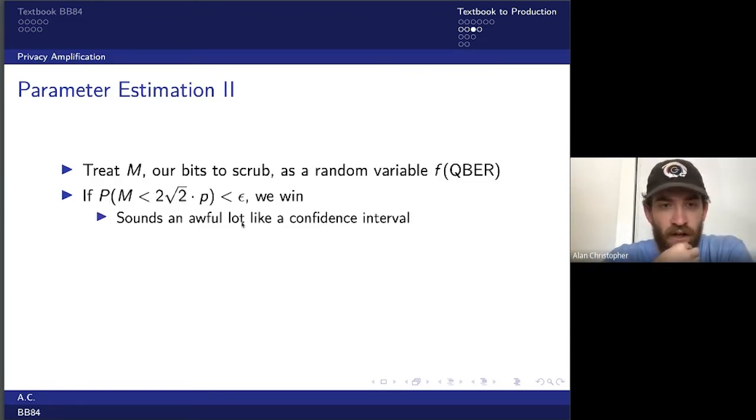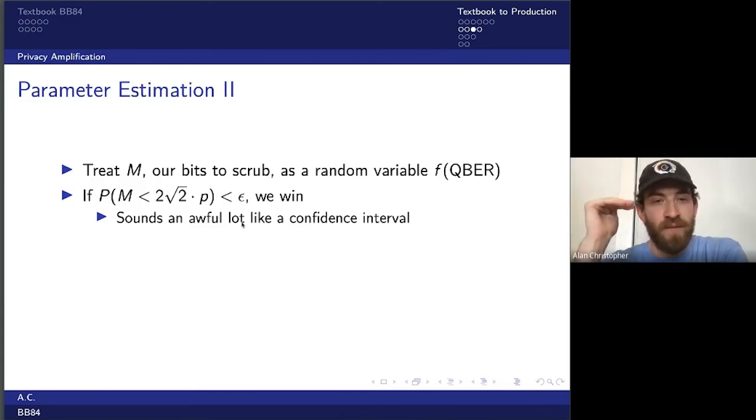And furthermore, what if we set up the construction of this random variable M so that the probability that it's less than 2 root 2 times P is less than epsilon? Well, then we win, right? The probability that we will have underestimated Eve's information on any given trial, any given key negotiation, will be less than epsilon.